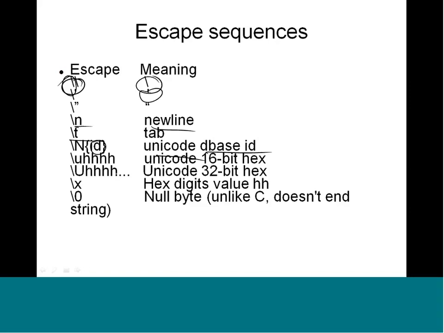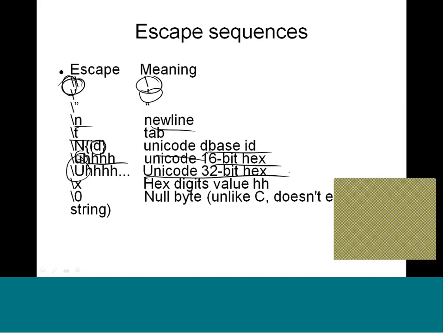Now we can also represent the 16-bit hex by going backslash and then lowercase u followed by the hexadecimal number. If you specify an uppercase U followed by a hexadecimal number, it treats that as a Unicode 32-bit.